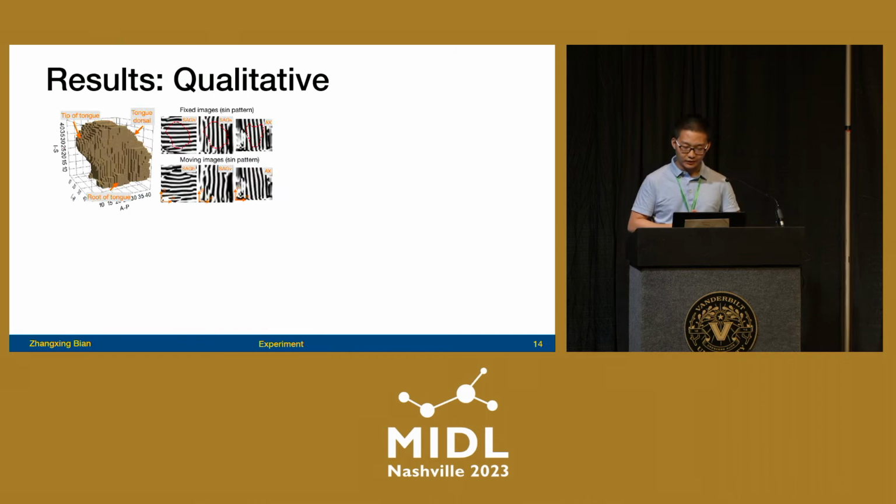So here are some qualitative results. This shows a 3D model of the tongue: the tongue tip, tongue dorsal, and the root of the tongue. It's usually larger than people would think. In this case, we have a fixed image, taken when the subject speaks "us", so the tongue is in the neutral position.